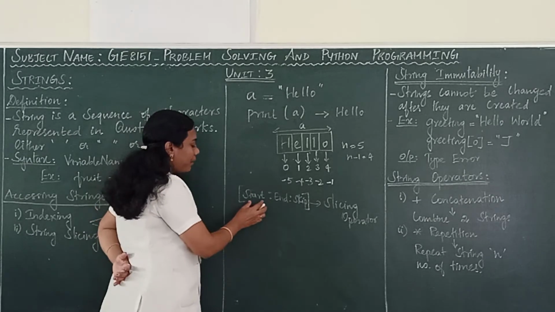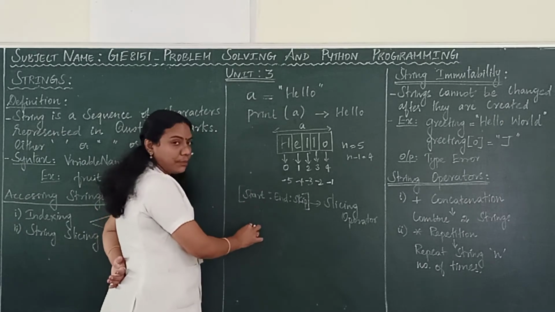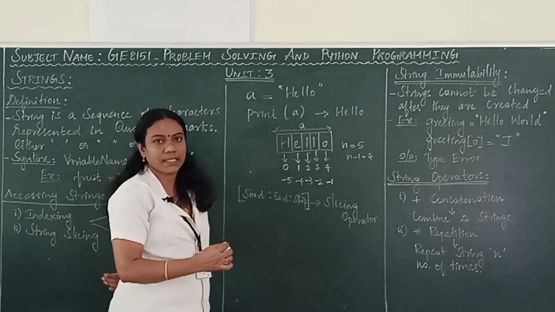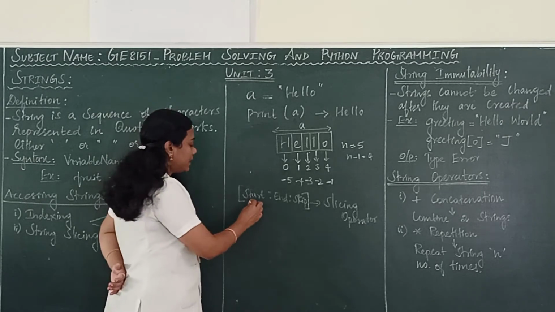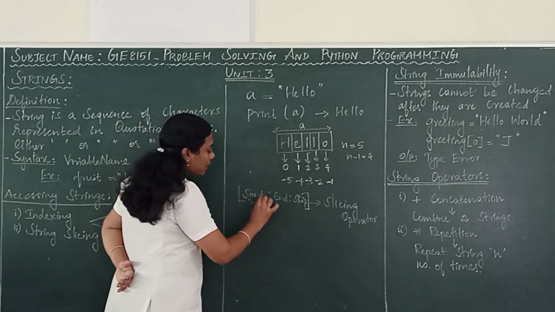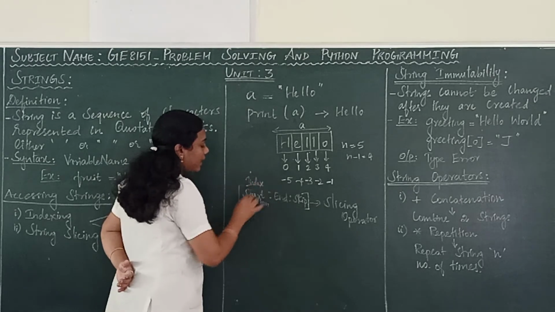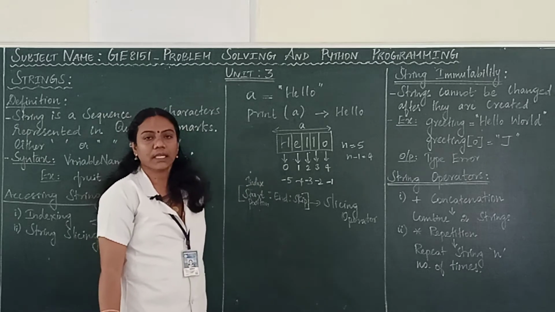The start position represents from which particular position you are going to start your slicing. You can also call it the starting index value or starting position.